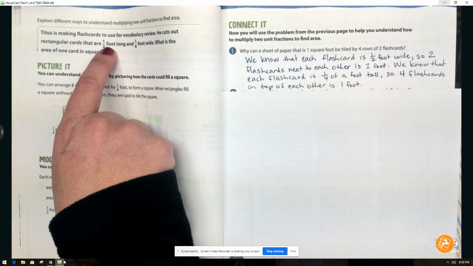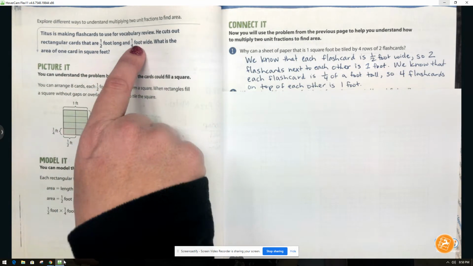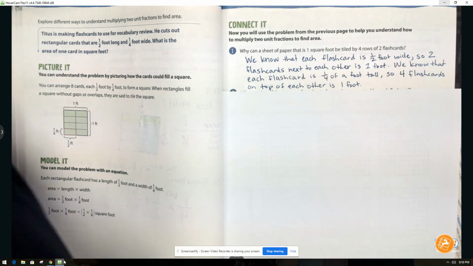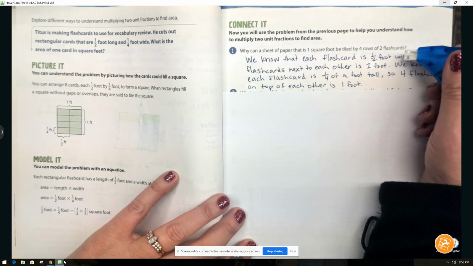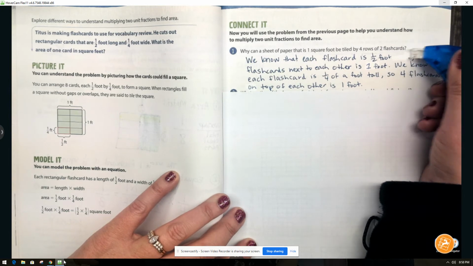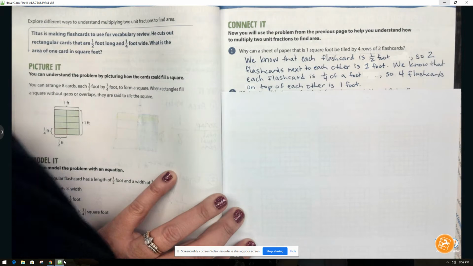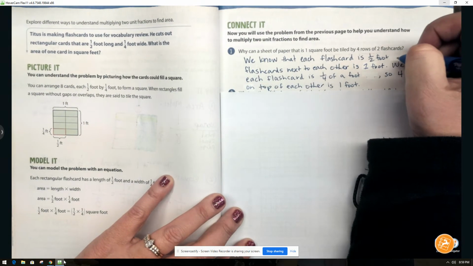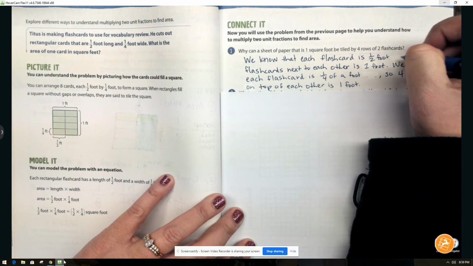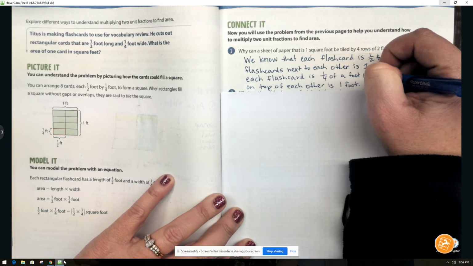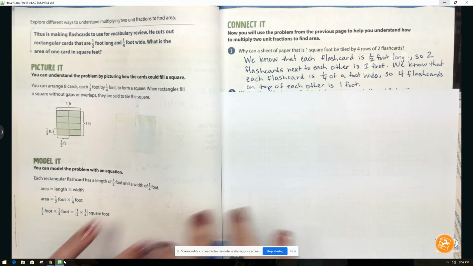Let me change that, I want to make sure that I use the same words as they use. So we're going to put long and wide. So is a half of a foot long and a quarter of a foot wide. There we go. I want to use the same terminology.